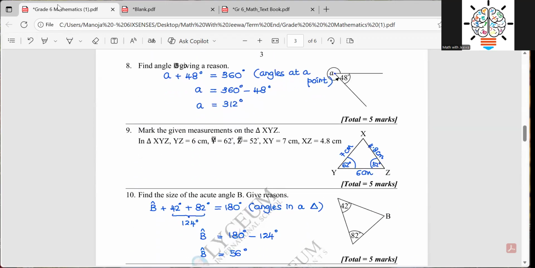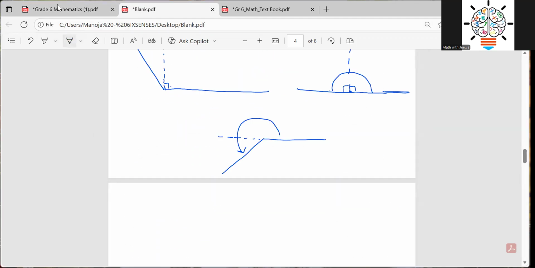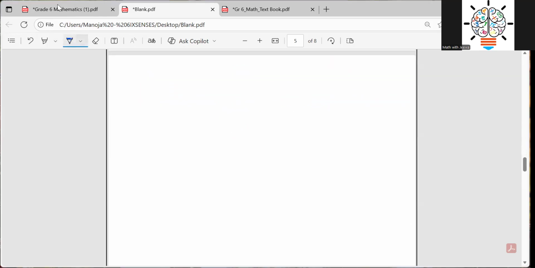We want to recall a few geometry theorems. If you have two angles, let's say A and B, and you add A and B together, it adds up to 180. The rule we call the angles on a straight line add up to 180.